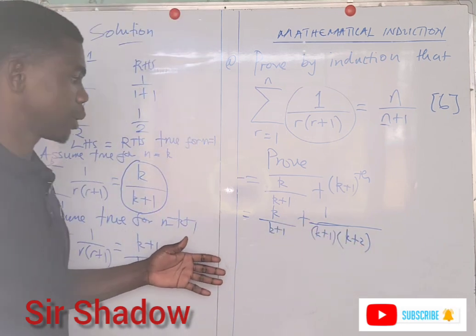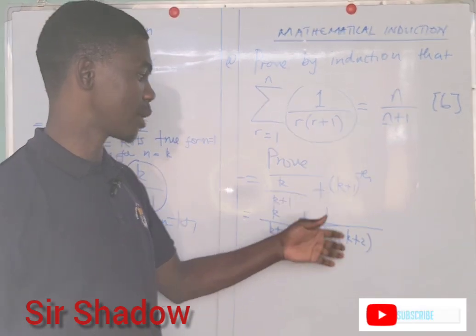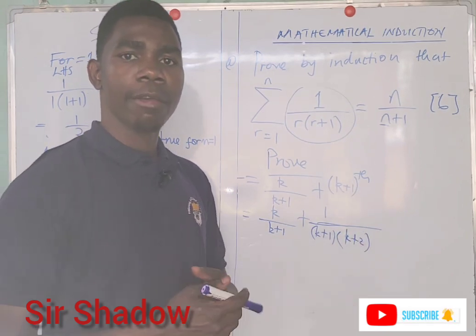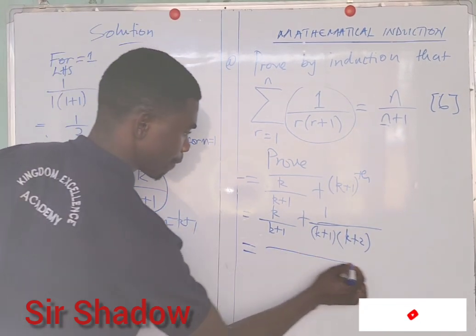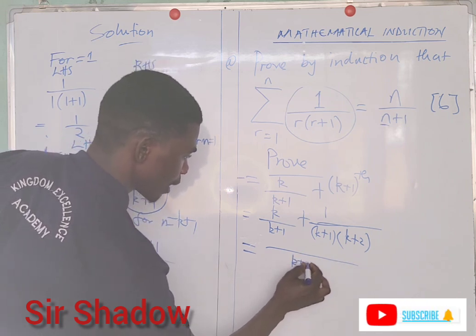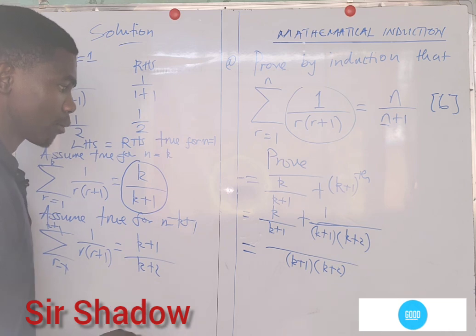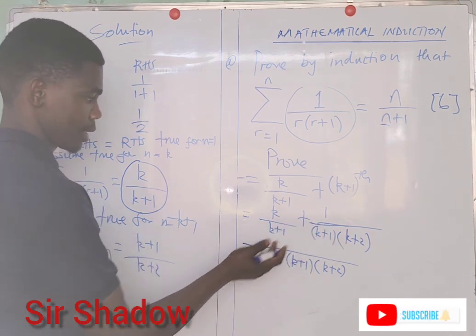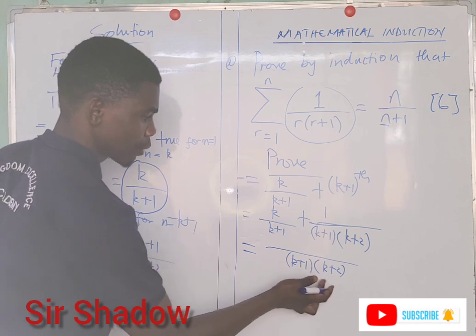What we have to do is k over k plus 1 plus 1 over k plus 1, k plus 2. You have to find the lowest common denominator, which is k plus 1, k plus 2. So k plus 1 into k plus 1, k plus 2, you are left with k plus 2.